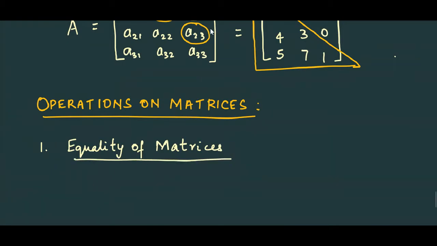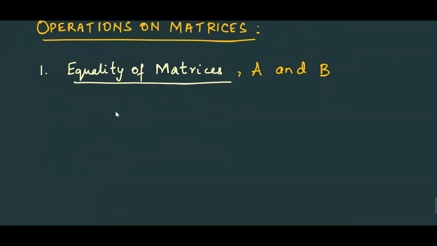Equality of matrices, when are two matrices A and B said to be equal? Anybody? A and B are two matrices. When are they said to be equal?